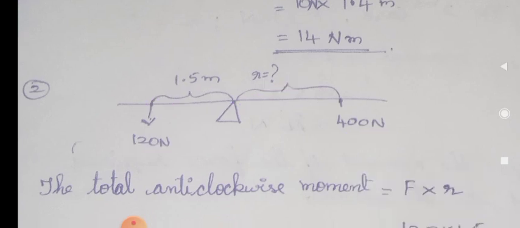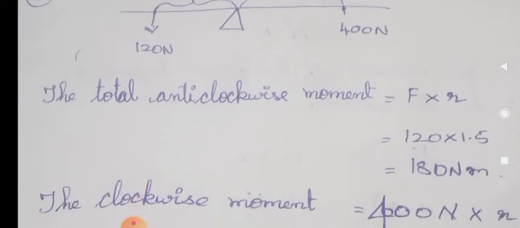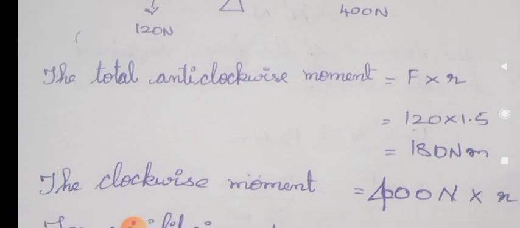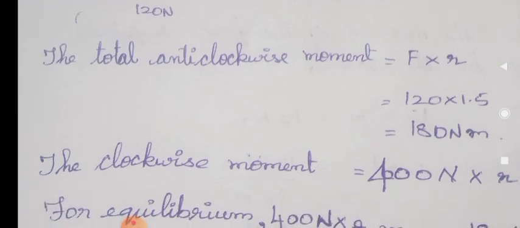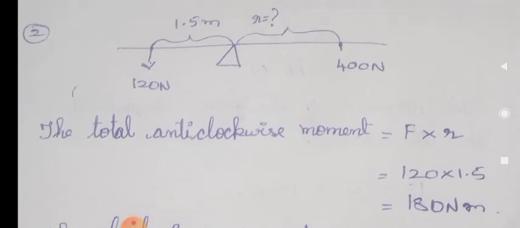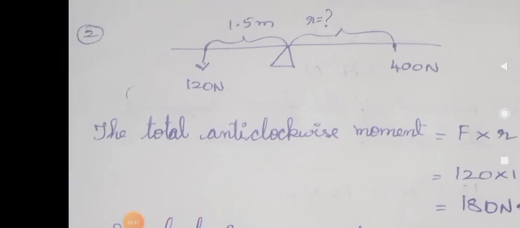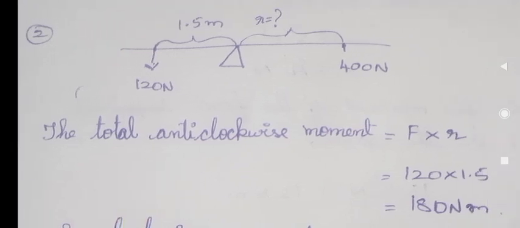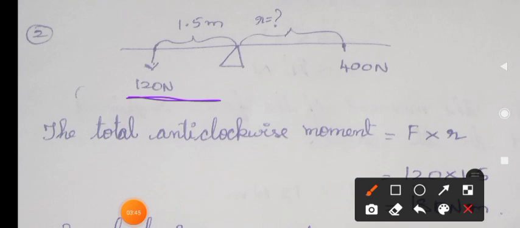So we know that moment equal to... so we want to find out the moment. First we are going to find out the anti-clockwise moment. For the anti-clockwise moment, we know the formula for moment, force into R, F into R, right?